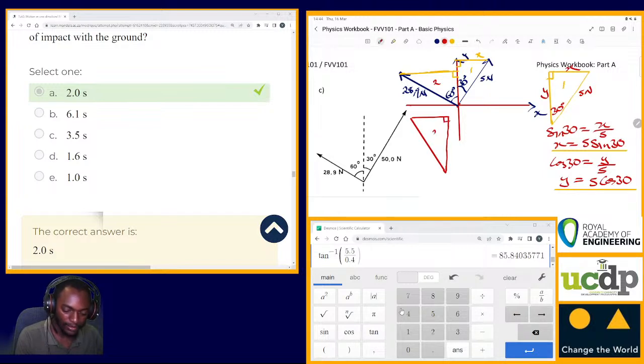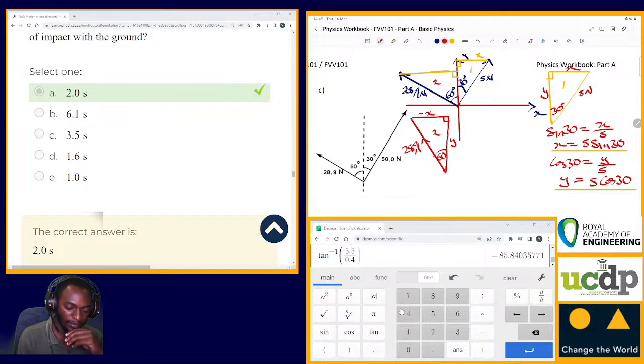Close there. This is number 2, and our angle there is 60. This is the hypotenuse, which is 28.9, and this is our y, and this is our x, which is in the negative. So if we want x, it is actually opposite.